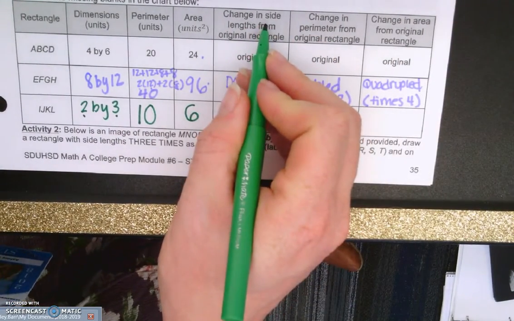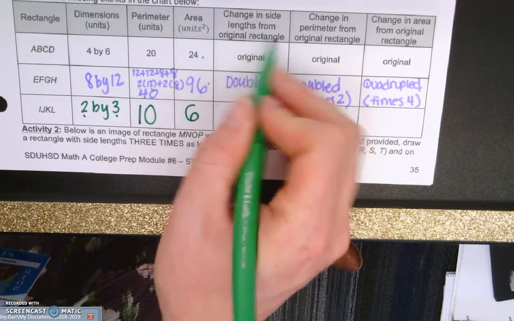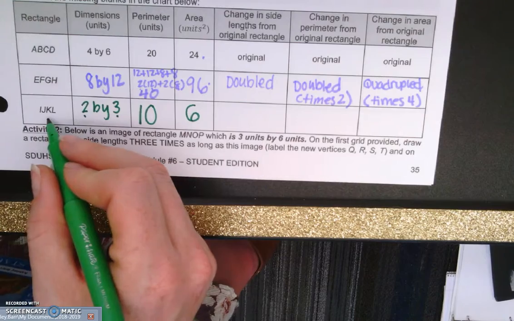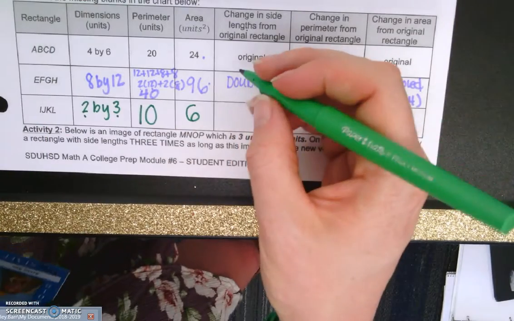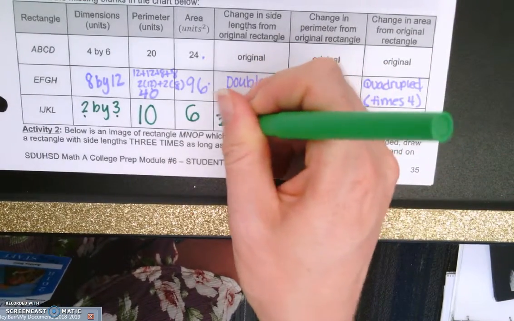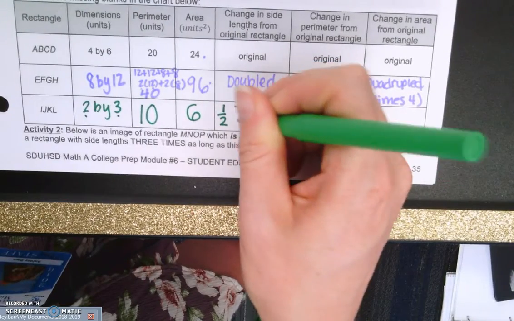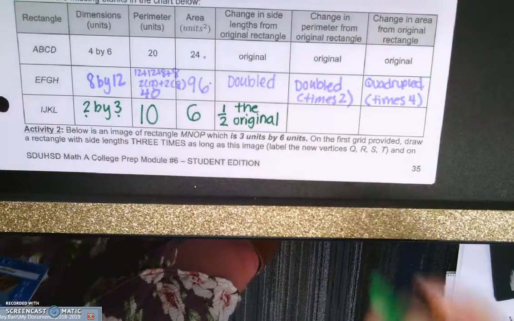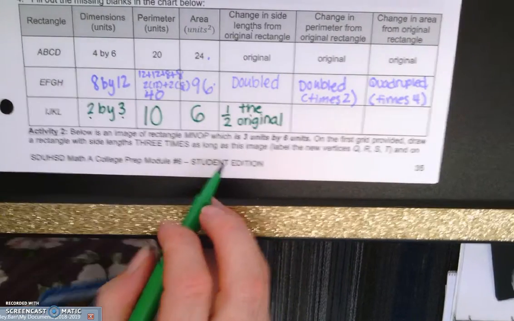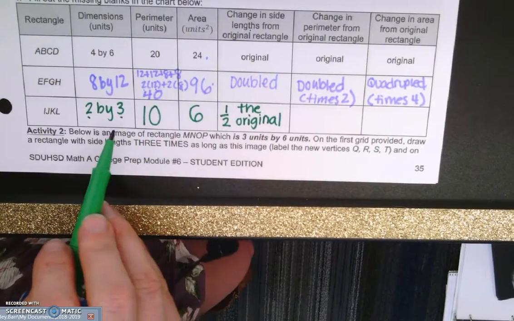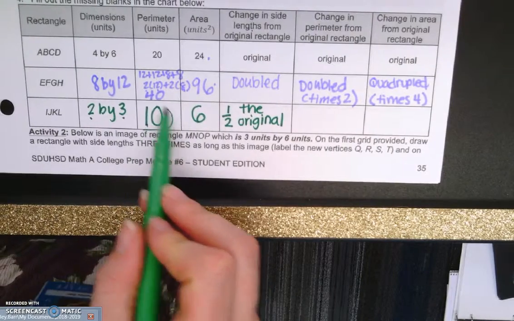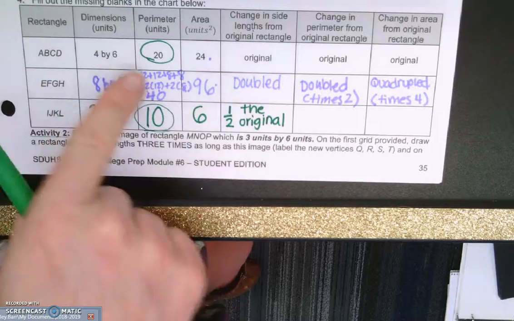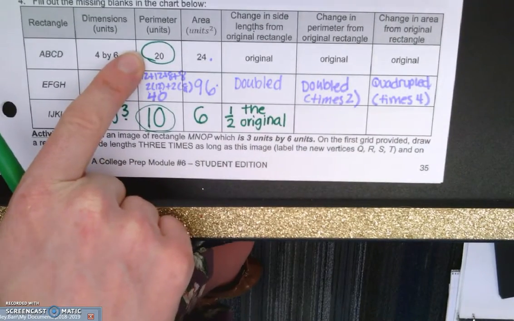So we want to look at the change in the lengths from the original. Do you remember how we changed the lengths of rectangle IJKL? We halved them. So this was half the original. So let's look at how their perimeters compared. Here's the perimeter of our new rectangle, 10, and here's the perimeter of our original rectangle, 20.